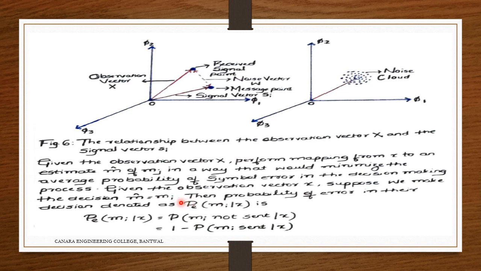That is what we estimated, and what we are given is x. So this is the observation vector. Then the probability of error in this decision, denoted as Pe of mi given x, is the probability of mi not sent given x, which equals 1 minus the probability of mi sent given x.